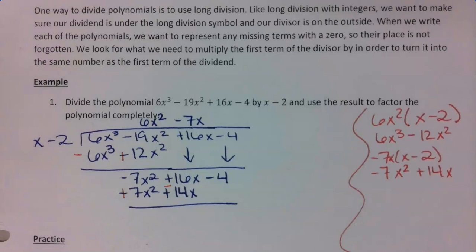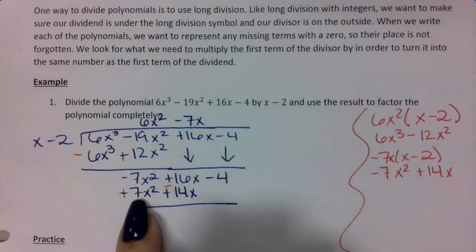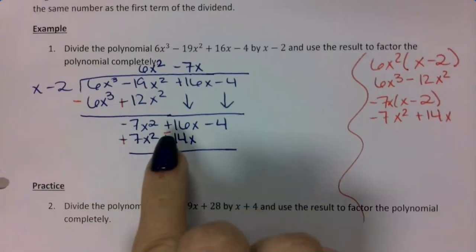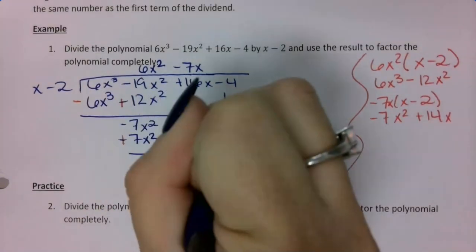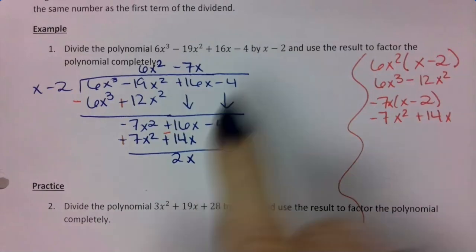Okay, so combining these, my 7x squareds cancel out. 16x minus 14x is 2x, and the negative 4 just goes down.